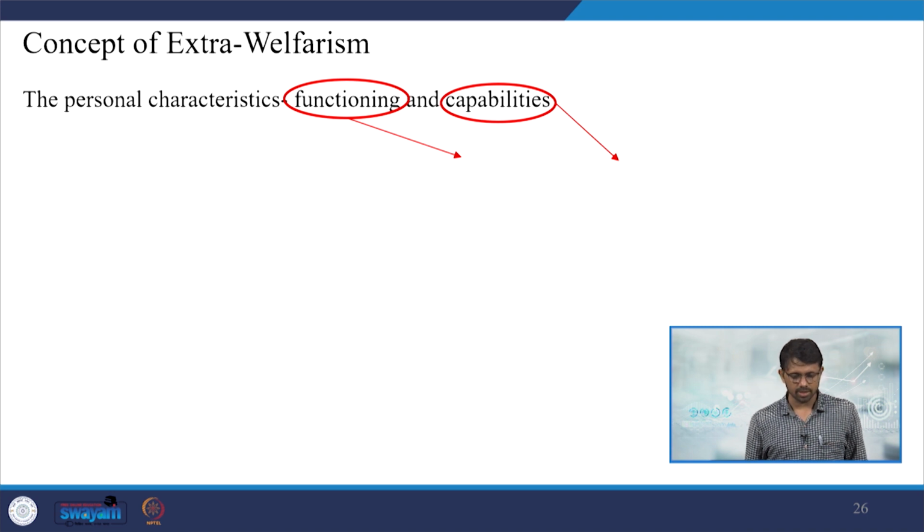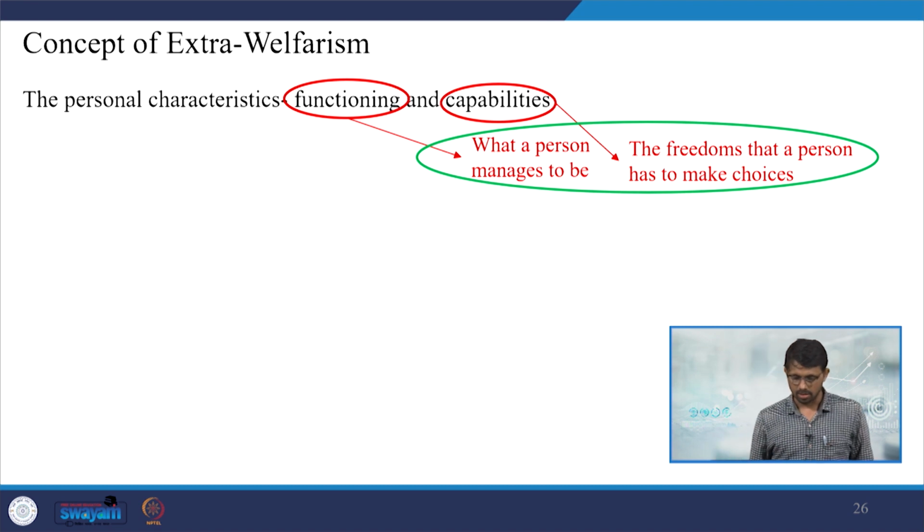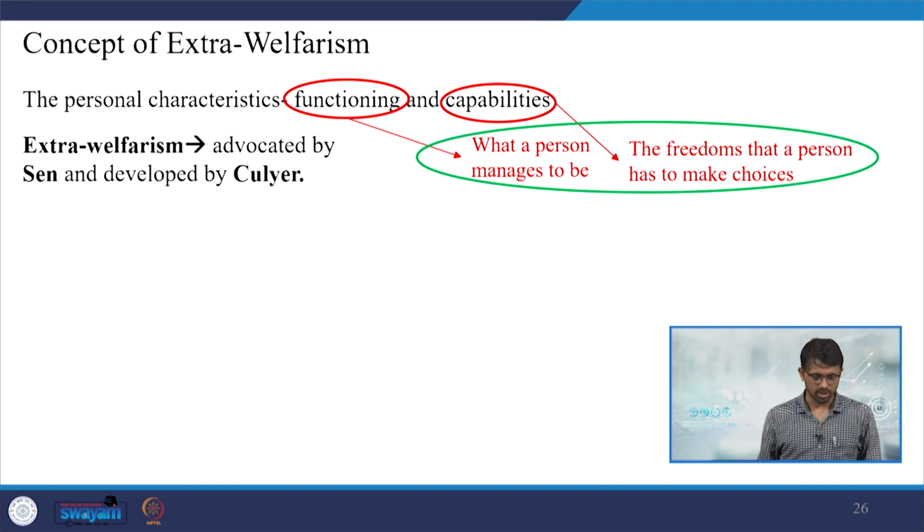The personal characteristics are based on functioning and capabilities. In terms of functioning, we emphasize what a person manages to be, and with capabilities we emphasize the freedoms that a person has to make choices.